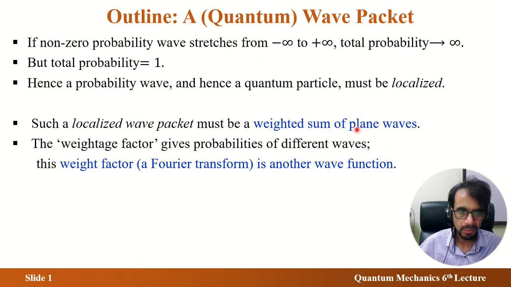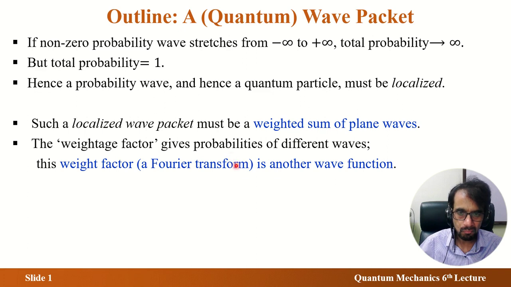And I have to tell you what a plane wave means. Different plane waves are to be multiplied by different numbers, and these numbers are called weightage. The weightage is different for different waves, that means different for different wavelengths, or in mathematical terminology, the weightage is a function of wavelength. So it's a new function to be introduced.